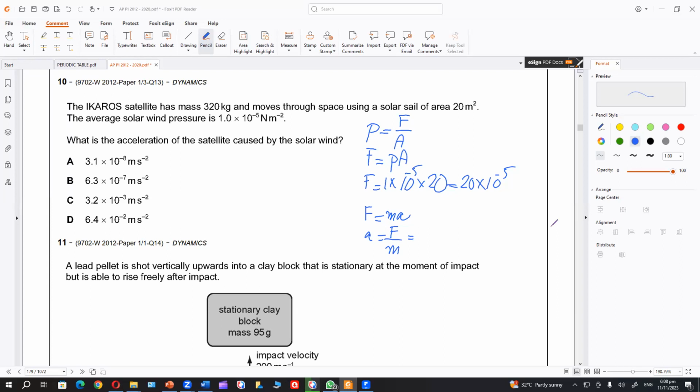These questions are on dynamics, the first part of the chapter, Newton's laws, and I'm doing question number 10. I got two suggestions, and the force is given, the mass is 320 kg, and now you have to find it.